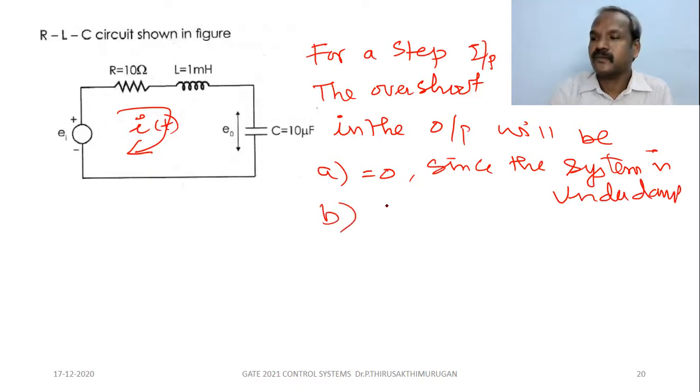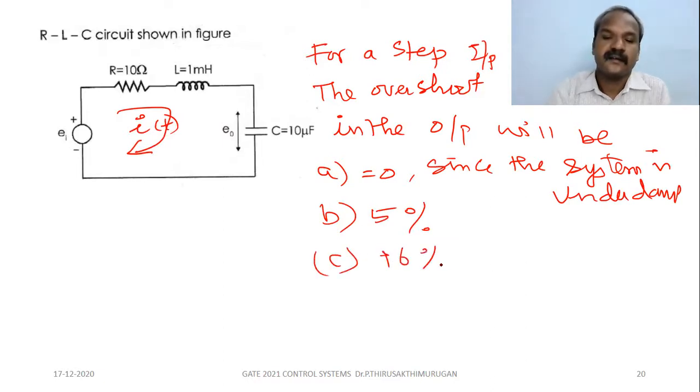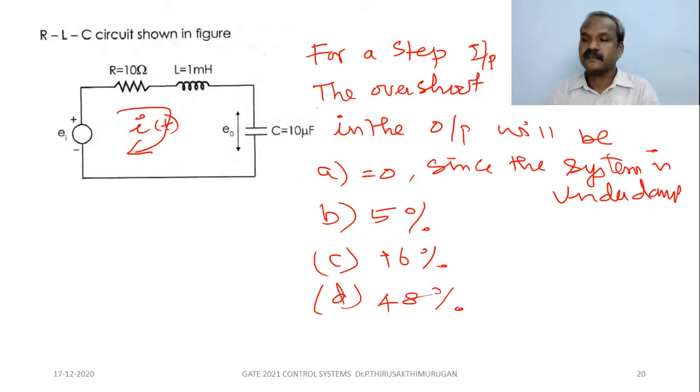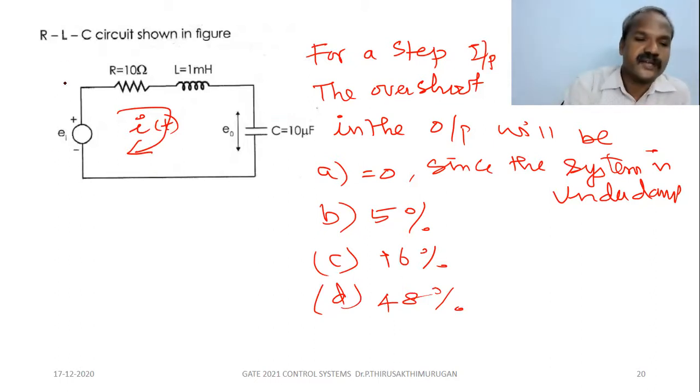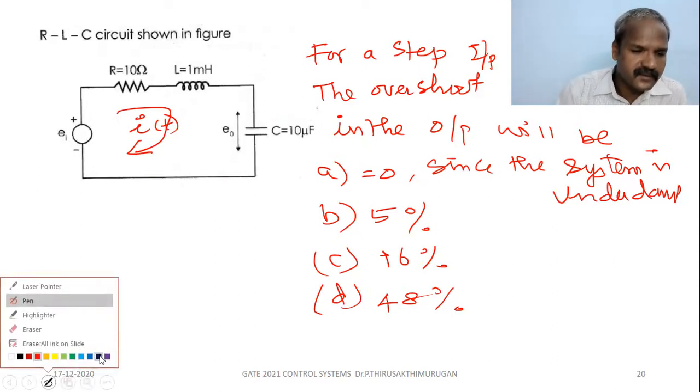B option is 5%. C option is 16%. D option is 48%. So what is the answer? Solution. Okay, what is the solution for this? So solution.